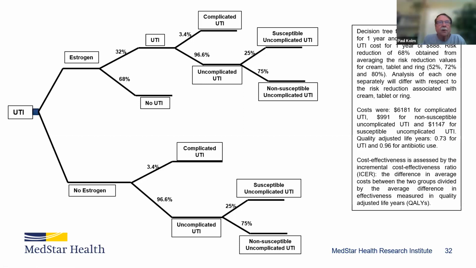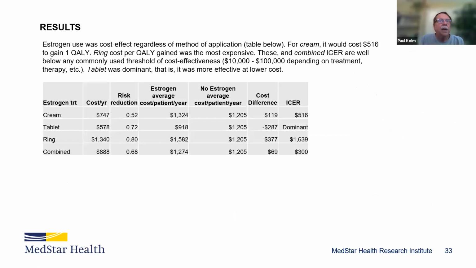incremental cost effectiveness ratio. And in this case, we had 3 different vehicles for application: cream, tablet, and ring. In the previous slide, I saw there was the one for the combined, where risk reduction was 68%. And so then I have the cost per year for those on estrogen therapy, and the cost per year for those not on estrogen, which you can see is going to be the same because they're not getting any of the treatments.